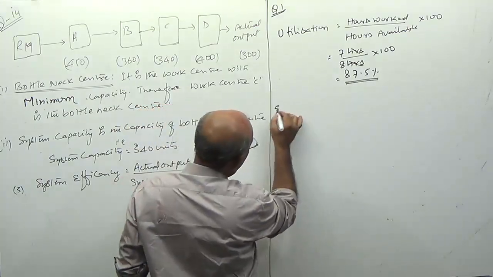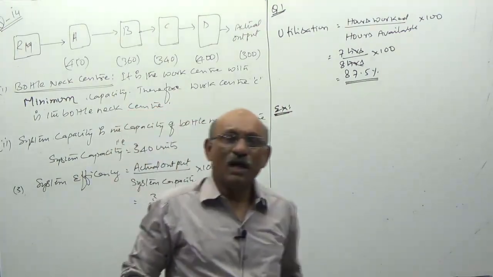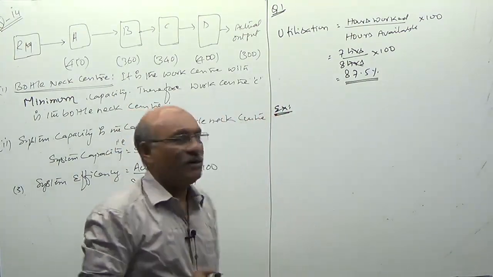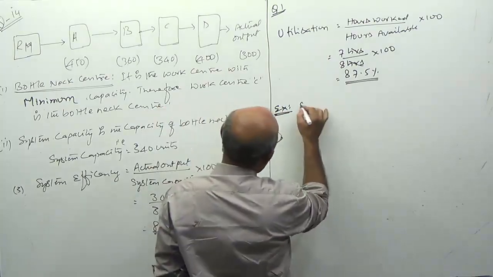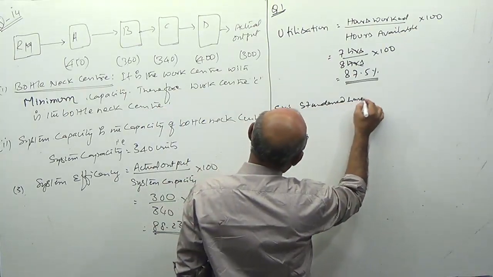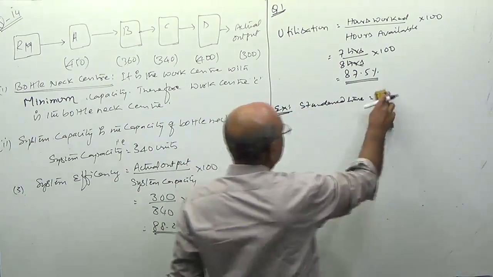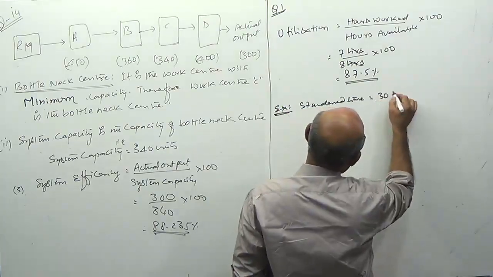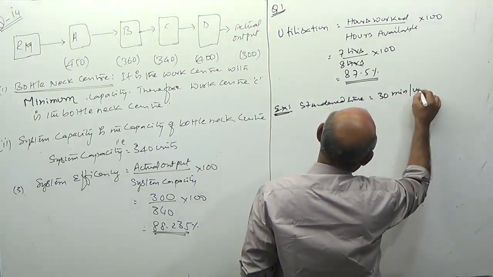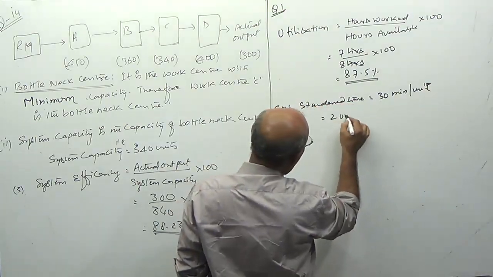For example, company is manufacturing some products. Standard time allowed is equal to 30 minutes to produce each item, 30 minutes per unit. It means 2 units per hour.